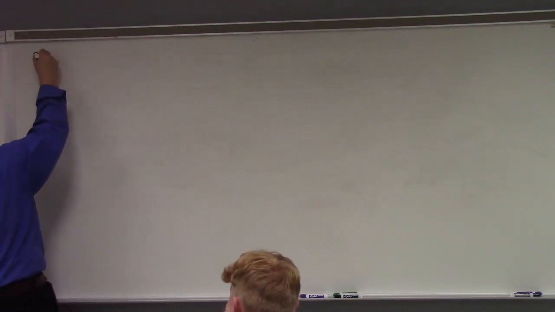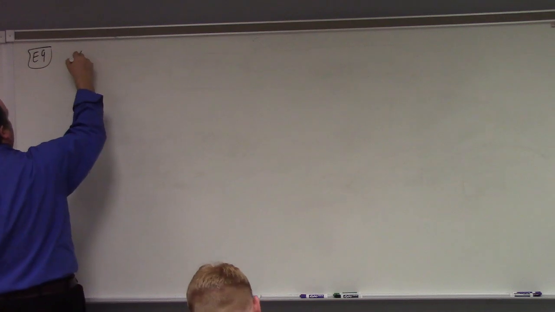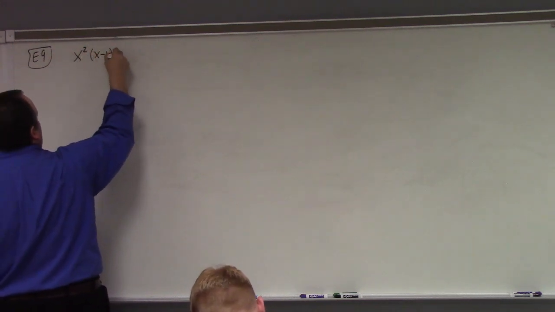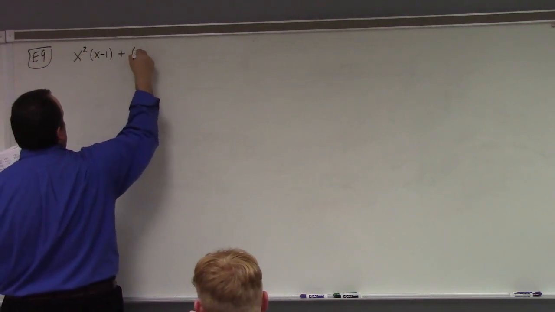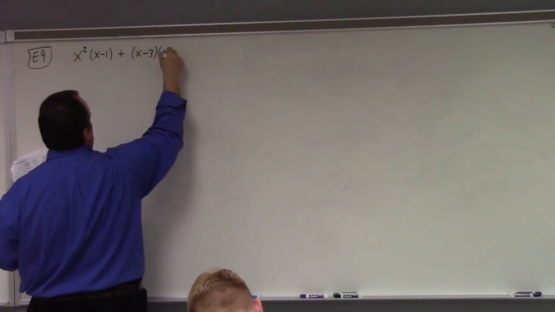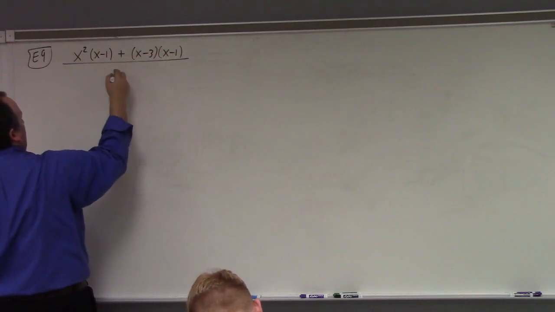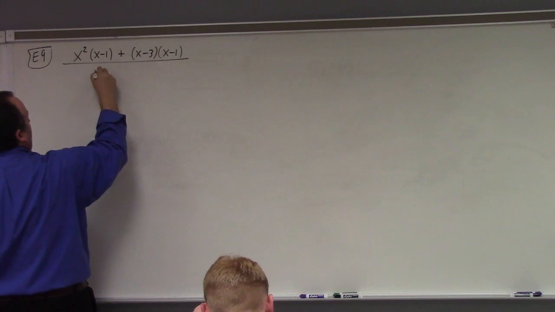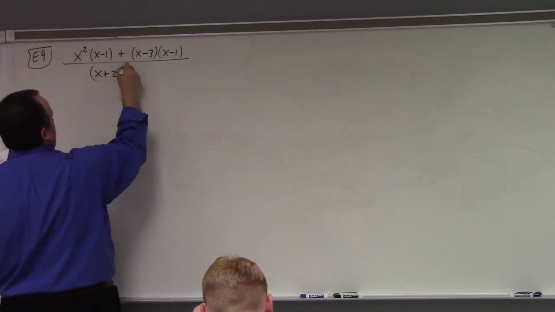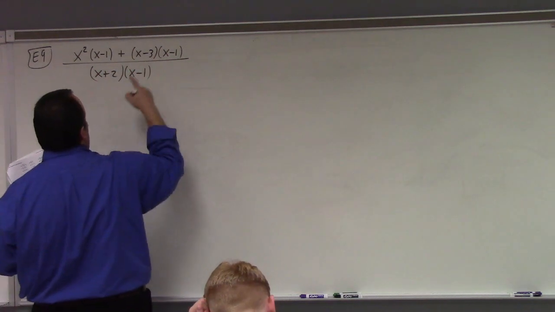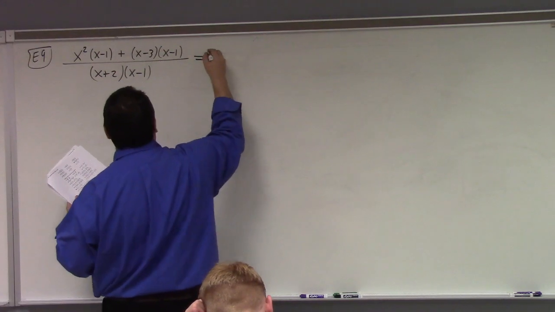So, just to follow up on example 9, if I had x squared times x minus 1 plus x minus 3 times x minus 1, all divided by x plus 2 times x minus 1. In that case, I could make the following algebra step.